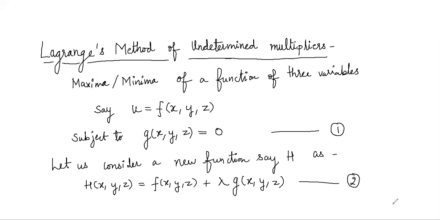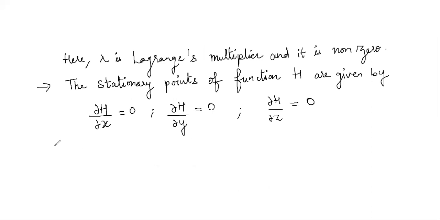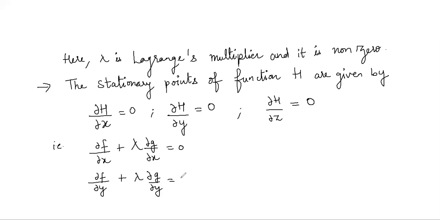So what we get here is del f by del x plus lambda del g by del x equal to 0. By considering the second one, del h upon del y equal to 0, we will get del f upon del y plus lambda del g by del y equal to 0.